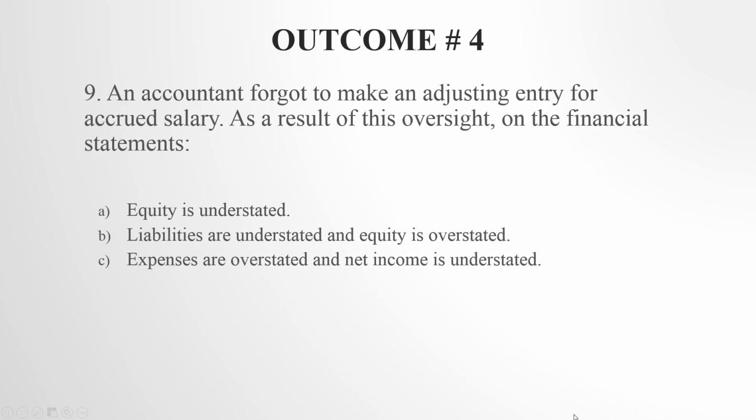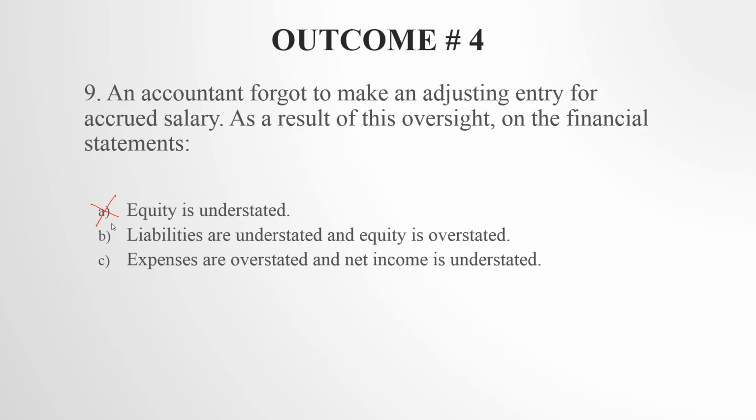Next question. An accountant forgot to make an adjusting entry for accrued salary. As a result of this oversight on the financial statements, the accountant forgot to make an adjusting entry for an expense and a liability. Since he has not recorded an expense, expenses are understated on the financial statements, and therefore equity is overstated because expenses reduce equity.